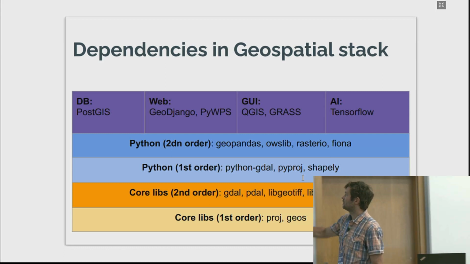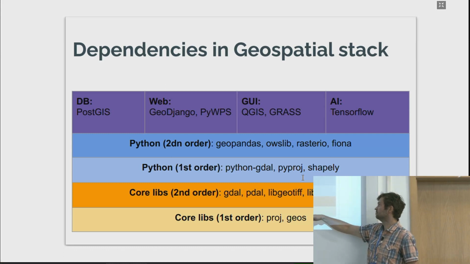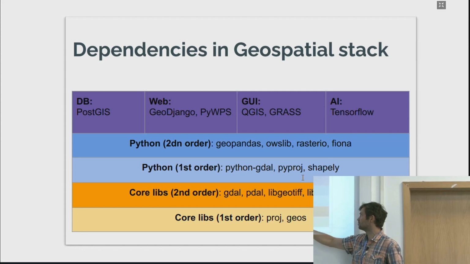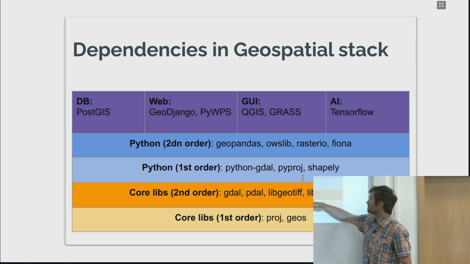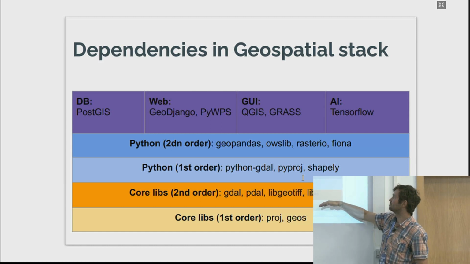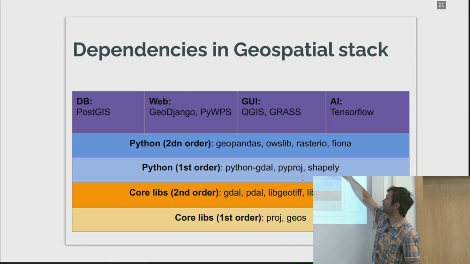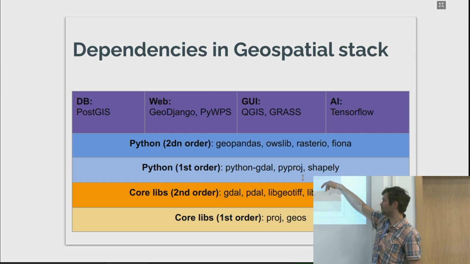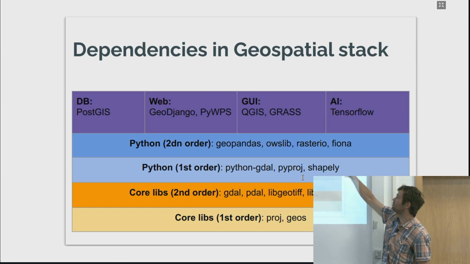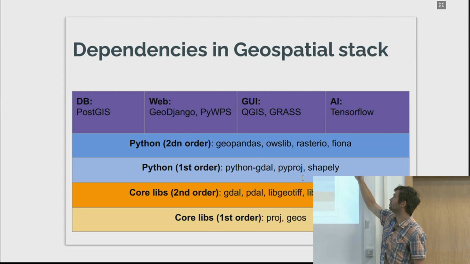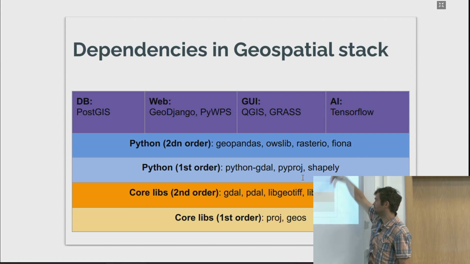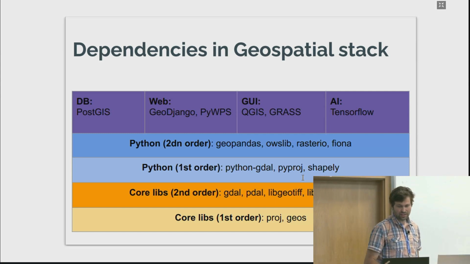We have core libraries which don't depend on anything geospatial usually, like Project and Geos, and then we have another level of core libraries which depend on those libraries, and then we have Python libraries which depend on what's below, on those core libraries, and then we have another level of Python libraries which depend on those Python libraries, and then on top of that we have databases which depend on anything below, and we have web applications, desktop applications, AI applications, and they depend on the whole stack.